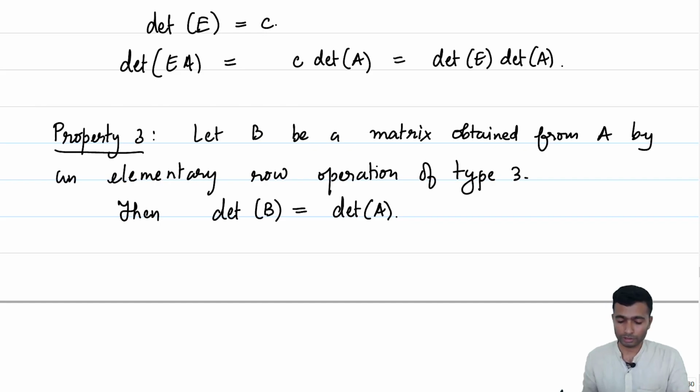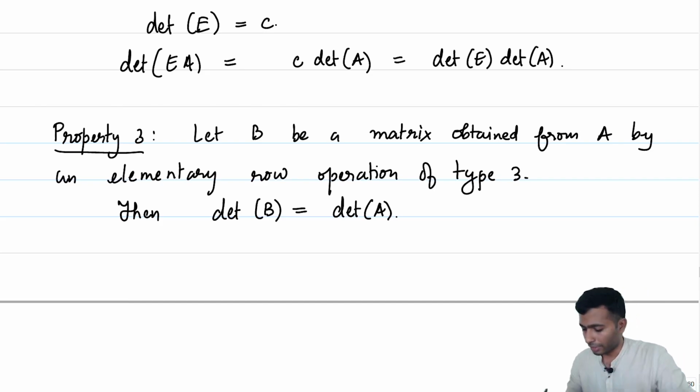Again, I will not prove this. The only thing to note is that the determinant of B should be evaluated along row j, and there each of the expressions will have a C times row i component and a row j component which remains. Then let us extract out the, so maybe I should write it down.